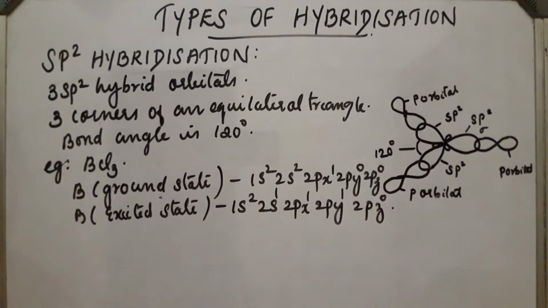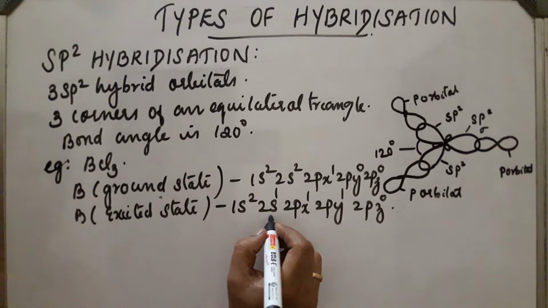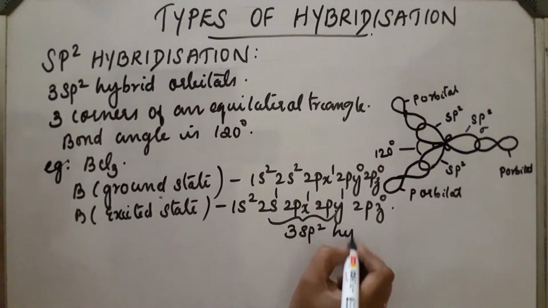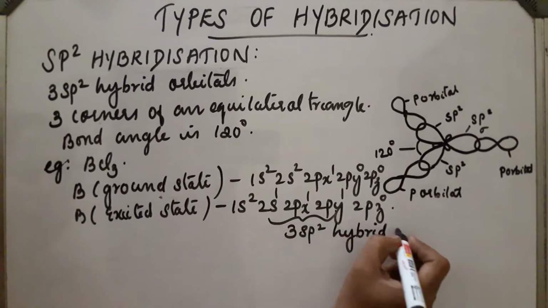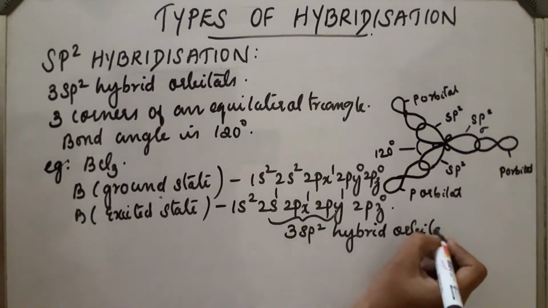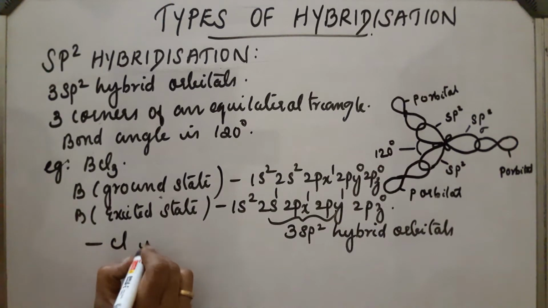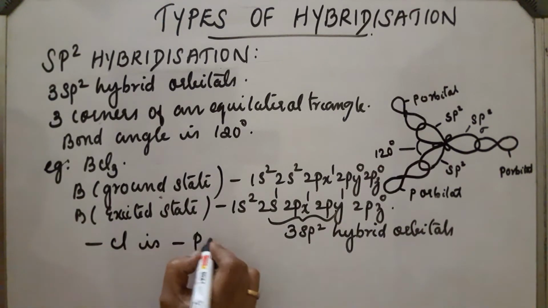These valence orbitals, one 2s and two 2p orbitals, hybridize and form three sp2 hybrid orbitals. In chlorine, the valence orbital is the p orbital.